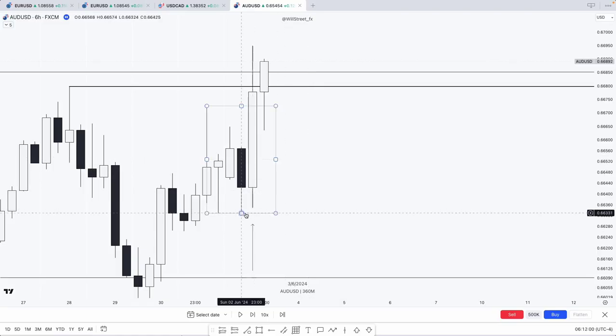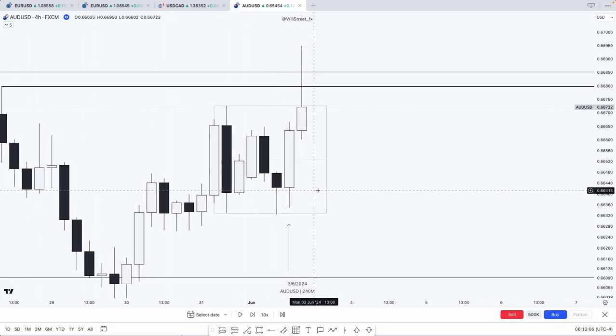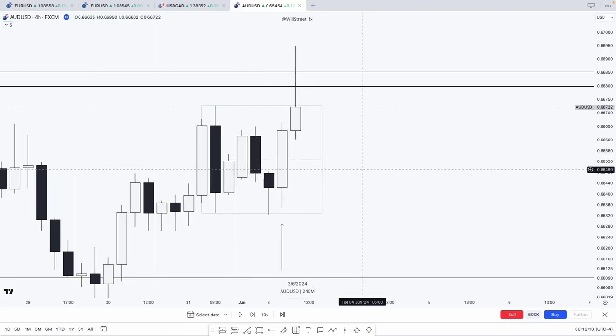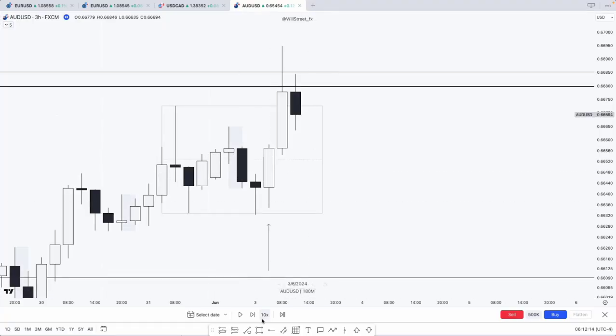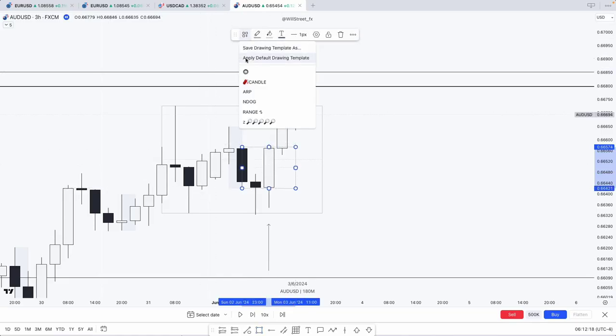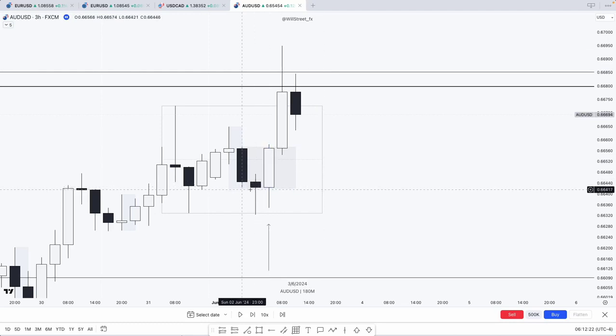Refining to 6 hours, this is a failure swing. And look at this. I think, yeah, 3 hours. Look how precise it closes inside the range here and makes the turtle soup, and at 5 AM fails.